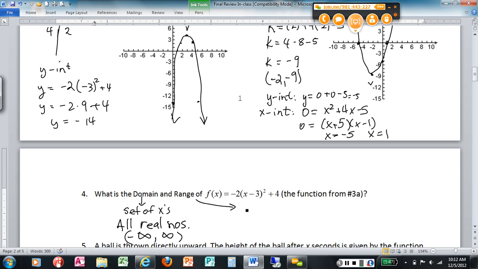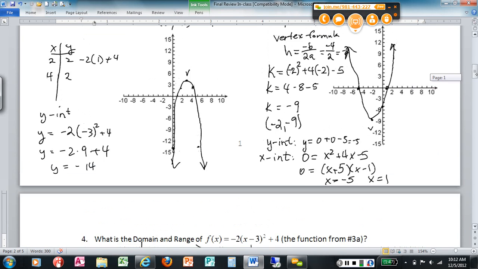What about the range? Well, the range is the y's, the outputs. And in this case, there's a little more restriction on the y's because, if you look at the y values, you don't have any y values above what? What is that? 4. So the y values only go up to a certain level, and that is 4. You don't have a y value of 5 or 6 on this graph.